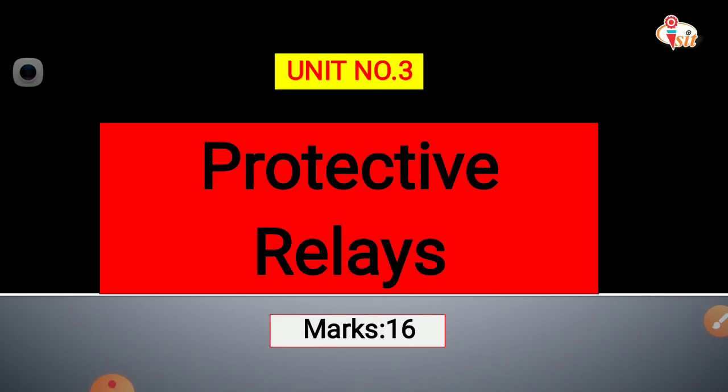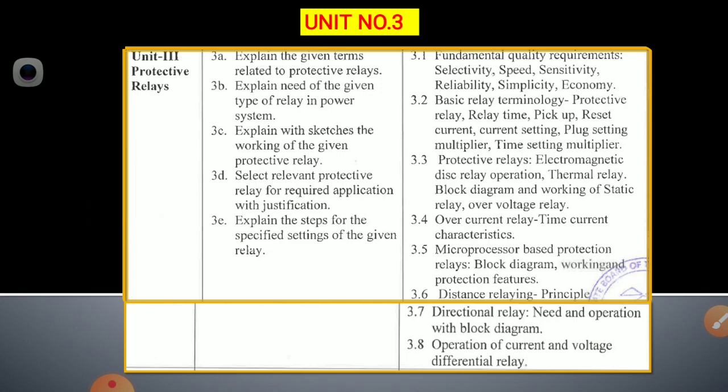We started the third unit, protective relays, and in that we have covered various points, that is the fundamental quality requirements: selectivity, speed, sensitivity, reliability, simplicity, economy. These are the requirements for the protective system.